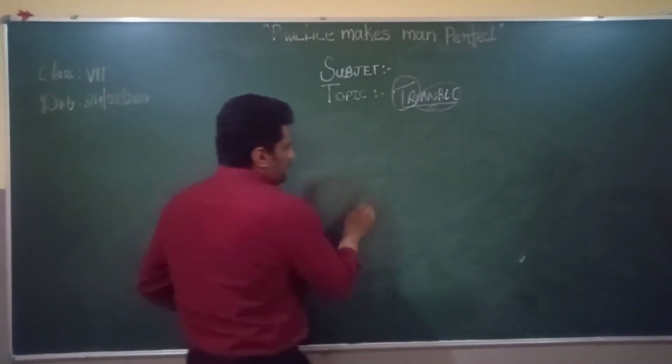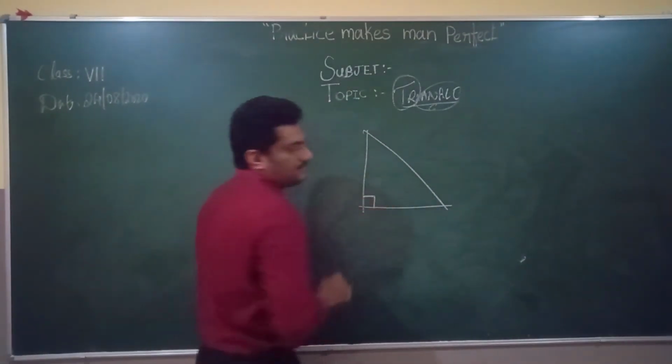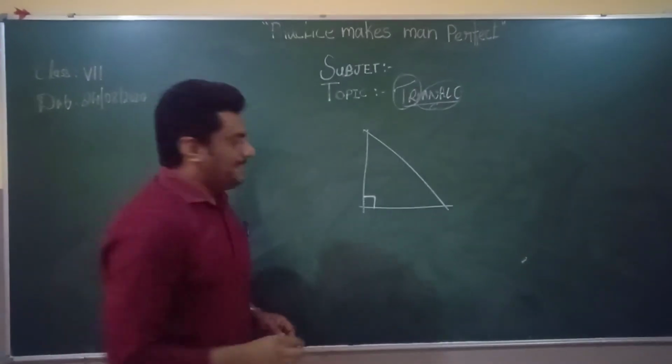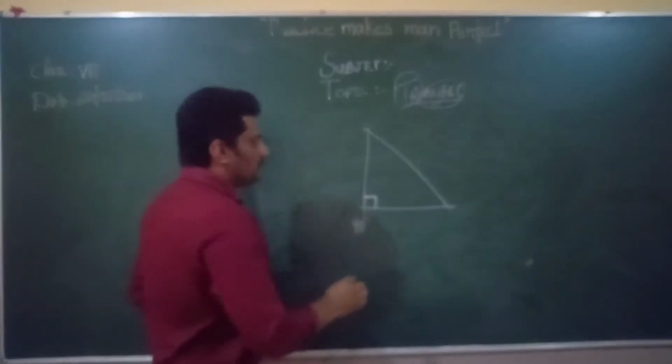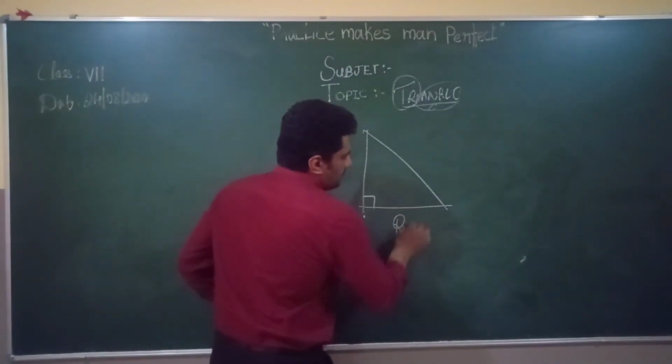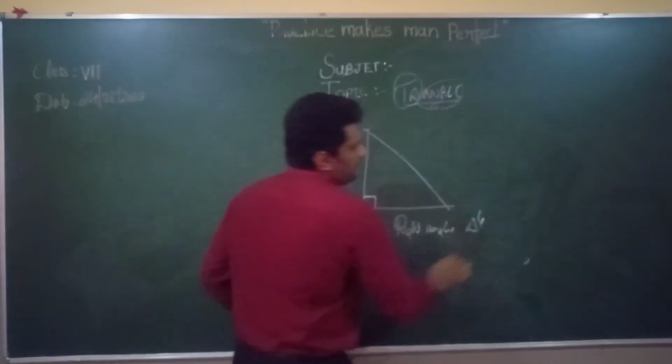Now in a triangle, what kind of a triangle is this? Whenever you see an angle of 90 degrees in a triangle, it is called a right angle triangle.